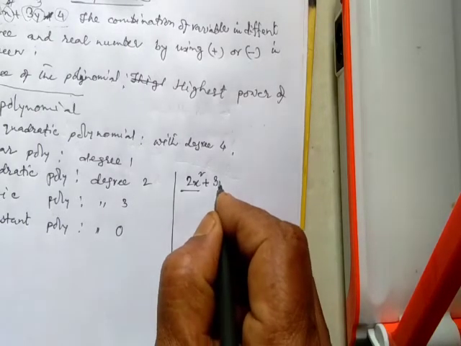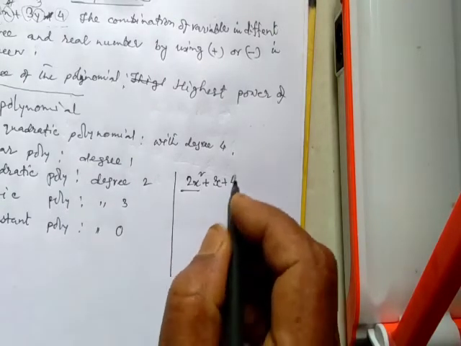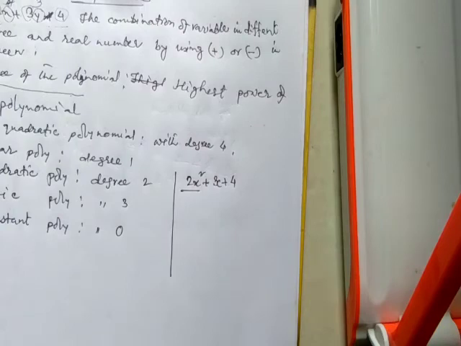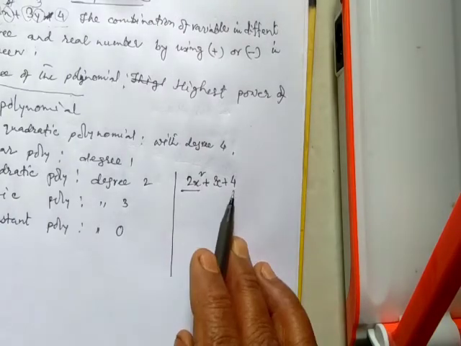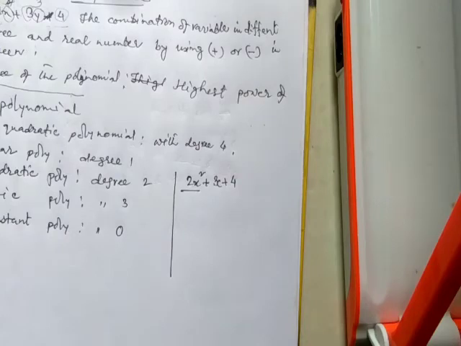If I add x on it and 4, how many terms is it? Trinomial. What is the degree of this? The degree is 2. Okay.